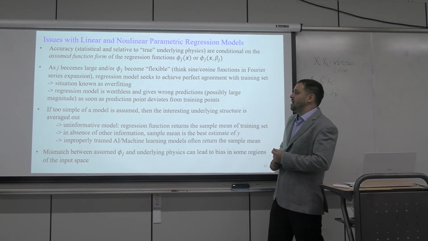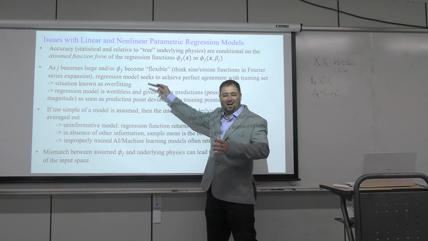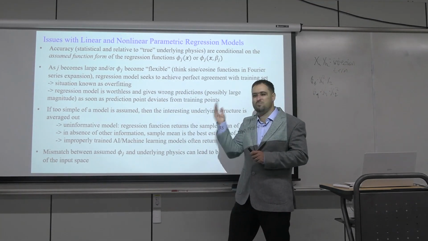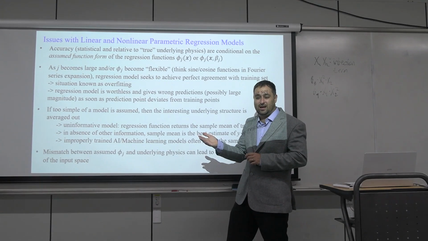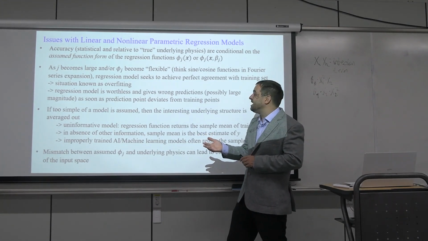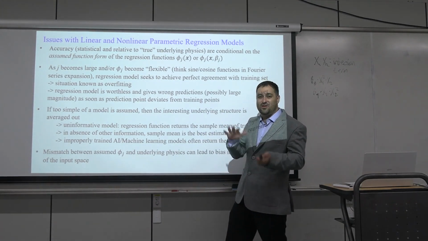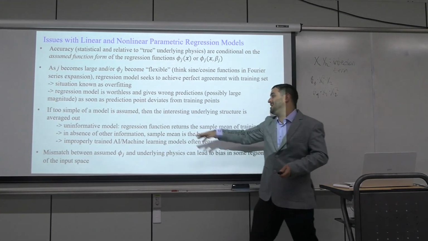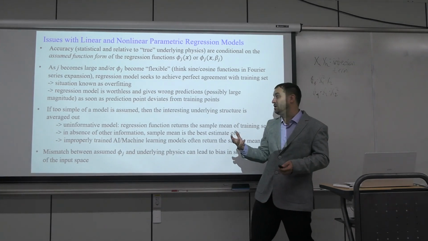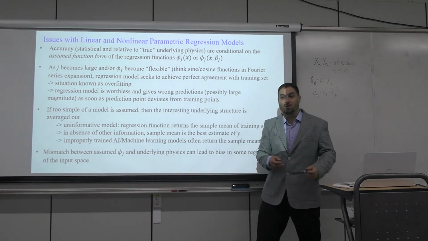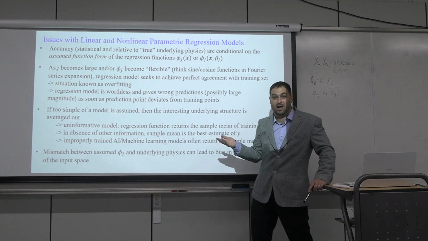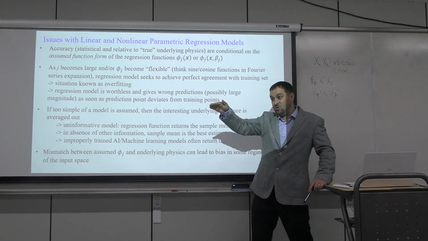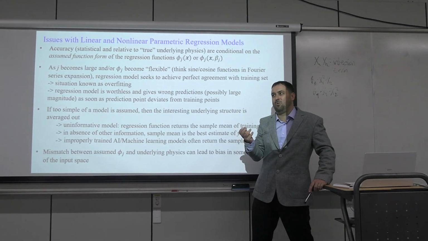If we do a model that's too complicated with too many parameters, too many regression functions, that's a problem. On the other hand, if a too simple model is assumed, then the interesting underlying structure is averaged out. For example, if you just assume y equals beta naught, the sample mean, it is a somewhat accurate model, but you've lost all of your detail.